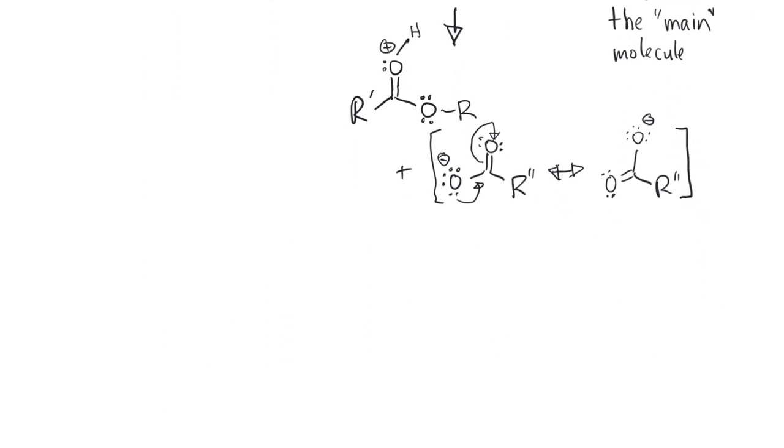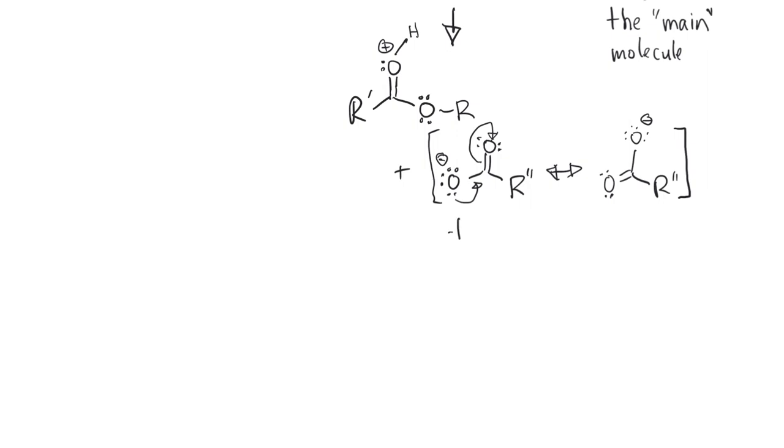Okay, so the next step is what we have here. We have our R prime, which goes to the oxygen, the hydrogen, and then we have our leaving group that's floating around here.